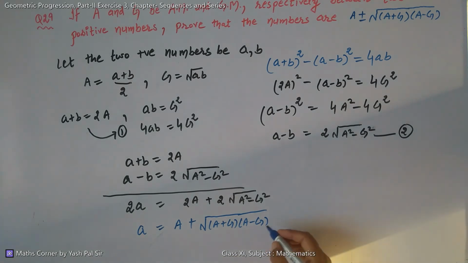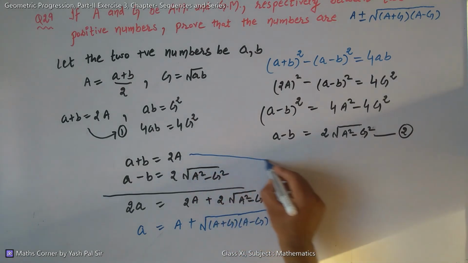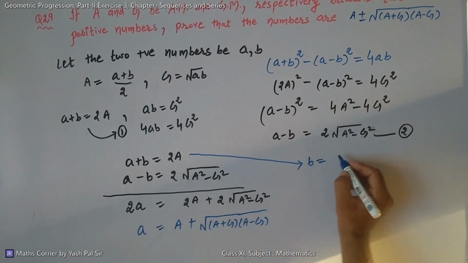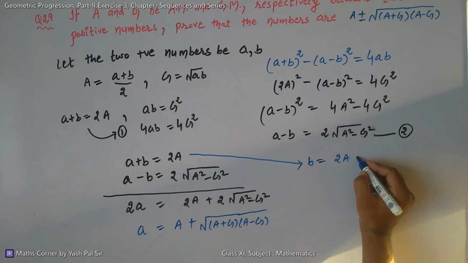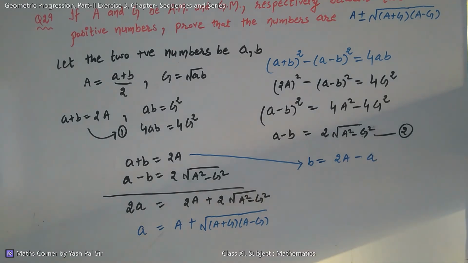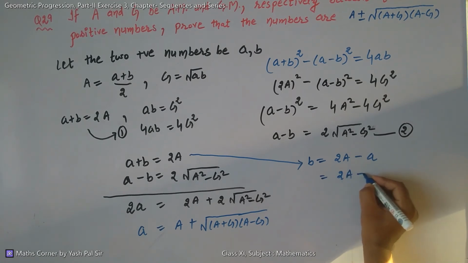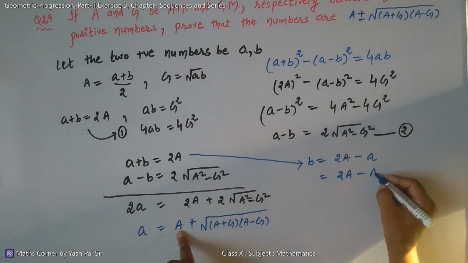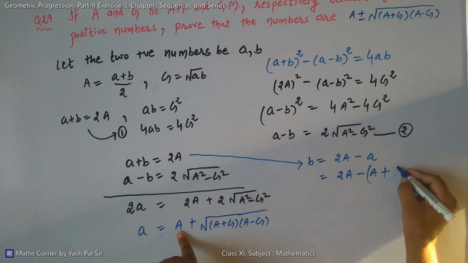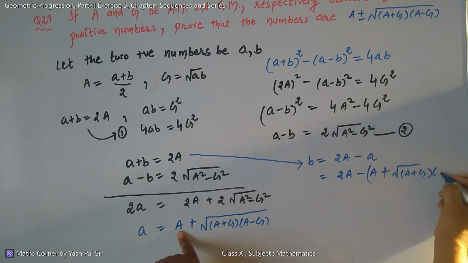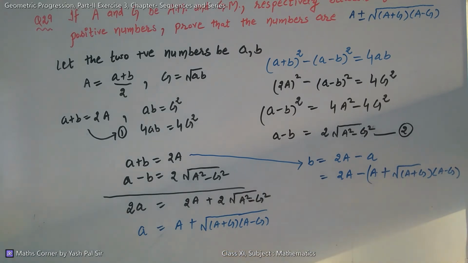We substitute this value here. So this becomes b is equal to 2a minus a, that is 2a minus, what is the value of a? This is a plus square root of a plus g into a minus g.